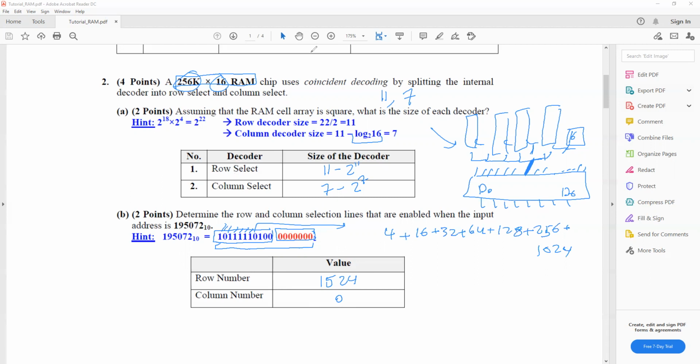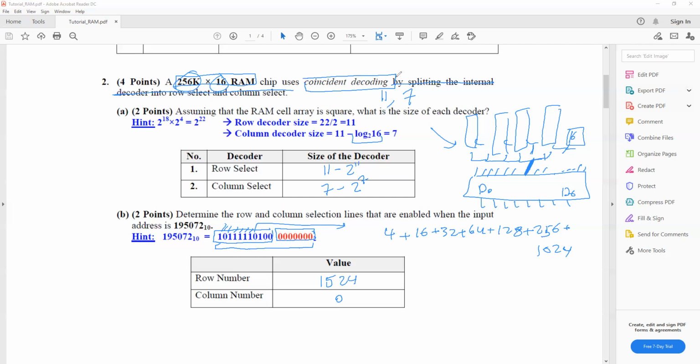Okay, so this is for coincident decoding. Remember that coincident decoding is splitting rows and columns. So I don't have to write this part of the question. I can just write the size of the memory and say that it's using coincident decoding.